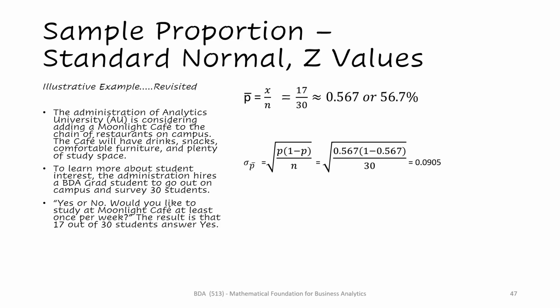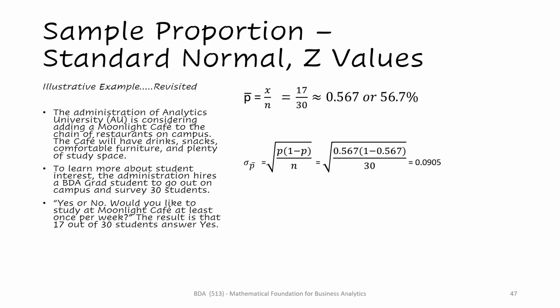So, like we've just demonstrated a while ago, our sample proportion will be 17. That's what we are interested in, not the other 13. So it's 17 over 30, which gives us approximately 56.7%.